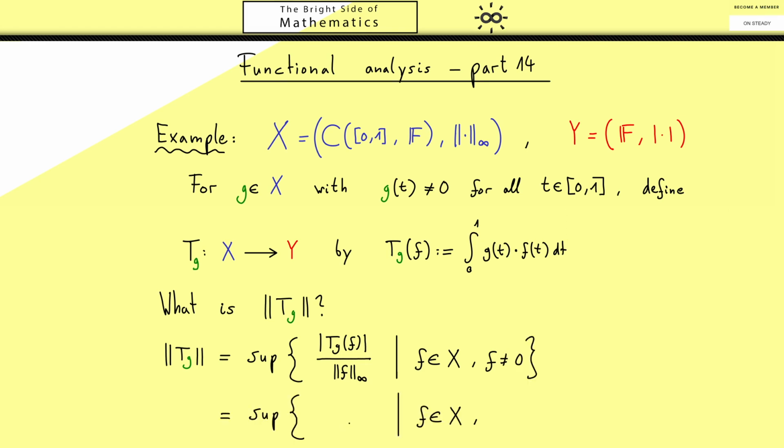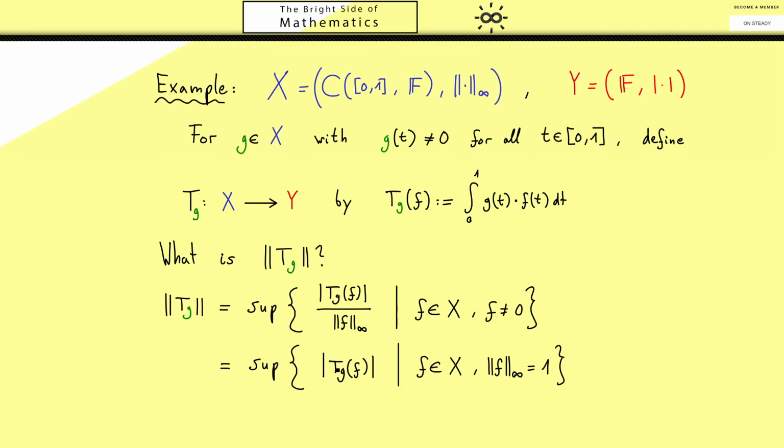So what we can always do is apply the scaling as we did it last time. We can do that such that we only divide by 1, so we consider only functions with supremum norm 1. Of course you don't have to do that, but it makes our life easier because we don't have to write down a fraction here. In the next step we just fill in what we know from the image.